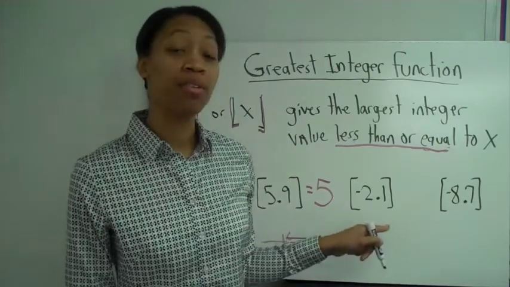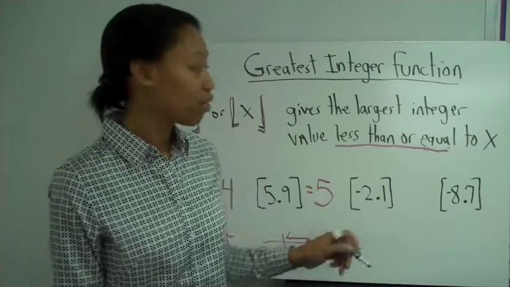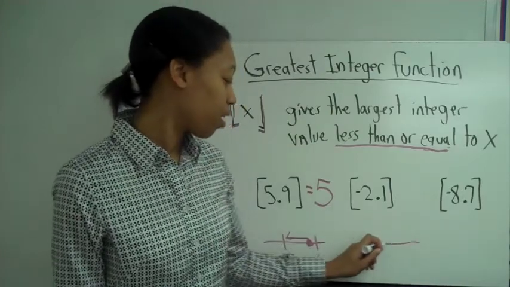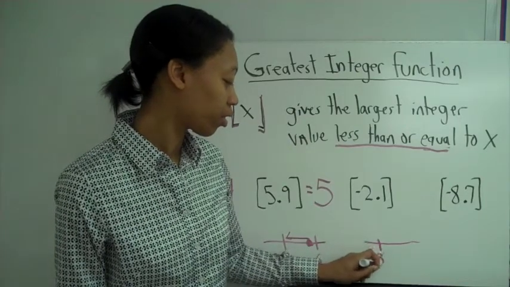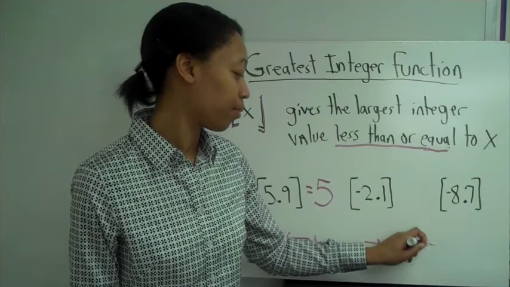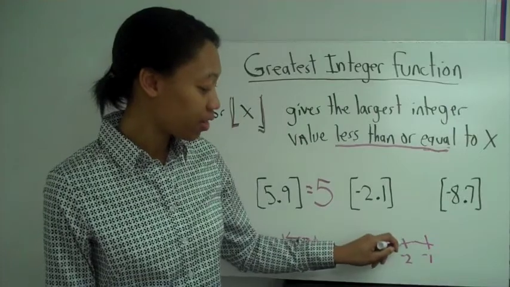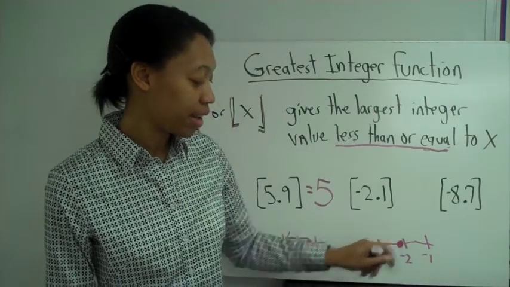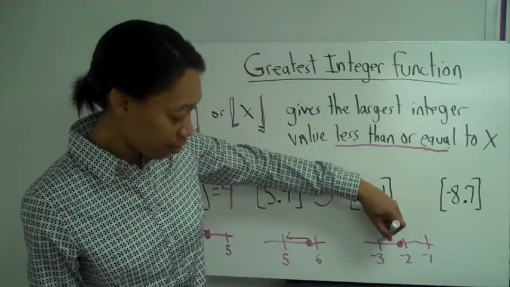Okay, what about negative 2.1? Where would that round? So now think of your number line. Negative 2.1 is just on the other side of 2 here. It's still going to round down. So rounding down rounds this way to the 3.